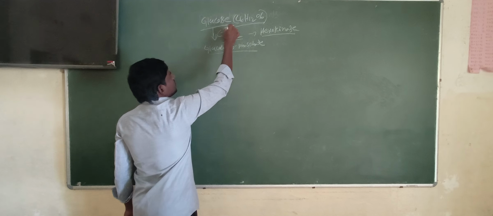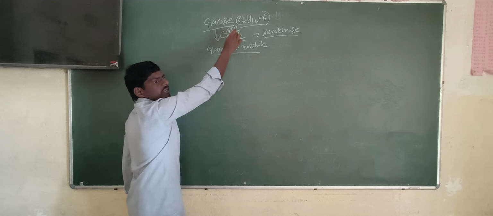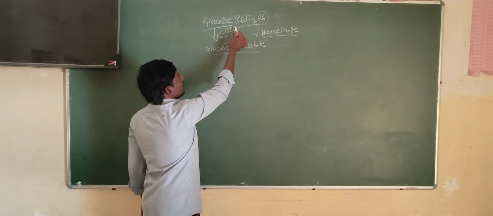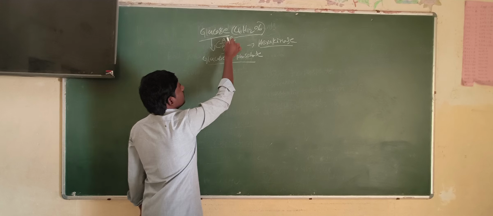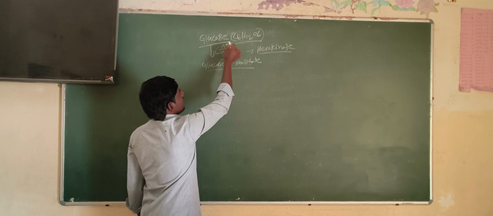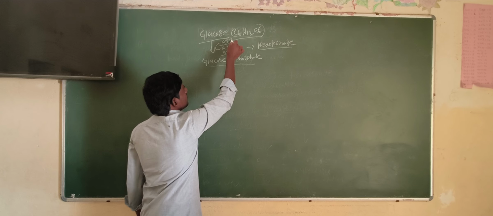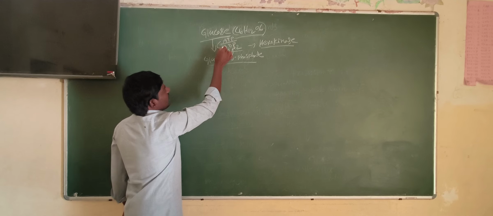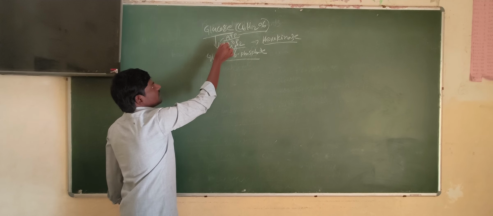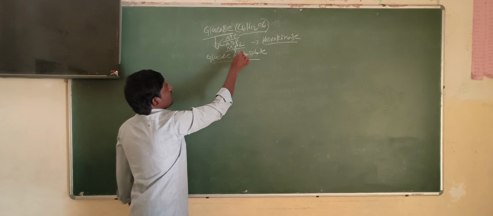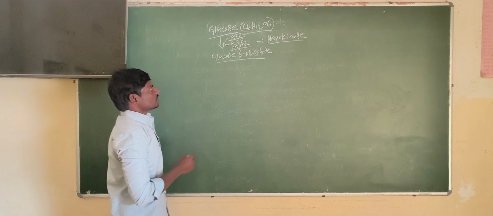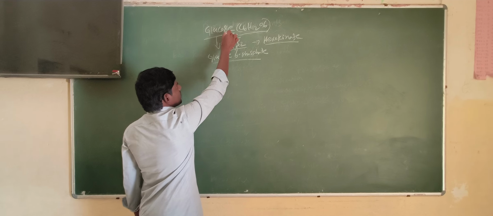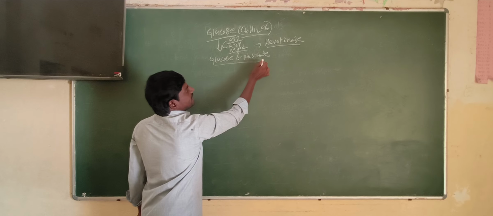ATP stands for adenosine triphosphate. How many phosphates are there? Three phosphates, nothing but triphosphate. Out of 3 phosphates, 1 phosphate is lost and attached at the 6th carbon of the glucose structure. Then glucose is converted to glucose 6-phosphate.